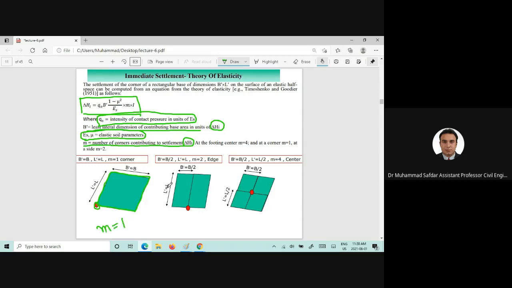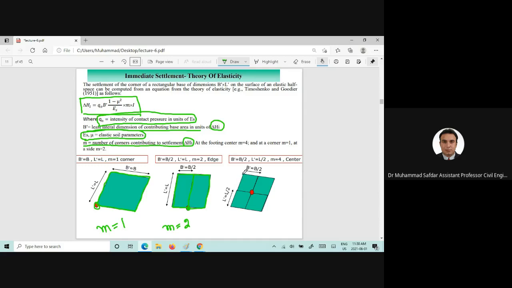Now in another problem, you might be asked to find the settlement at the side of this foundation. In that case, we will divide this footing into two parts like this. Now M would be equal to 2 in this case.